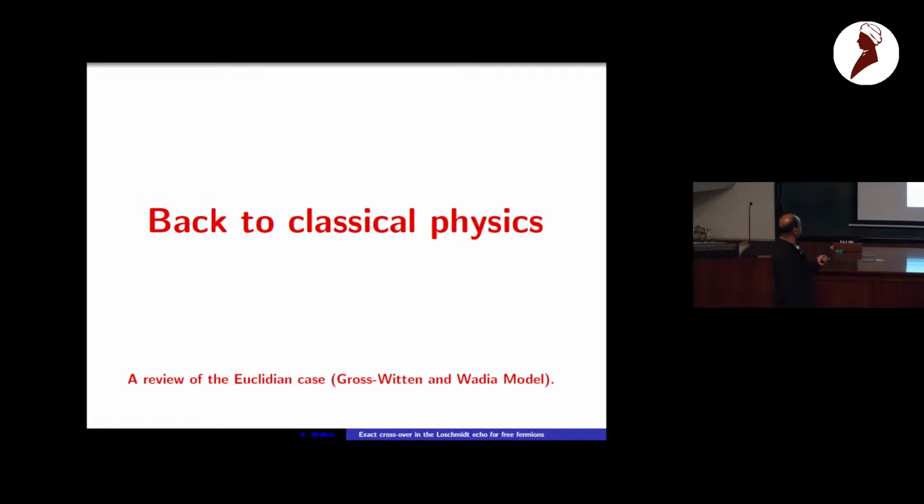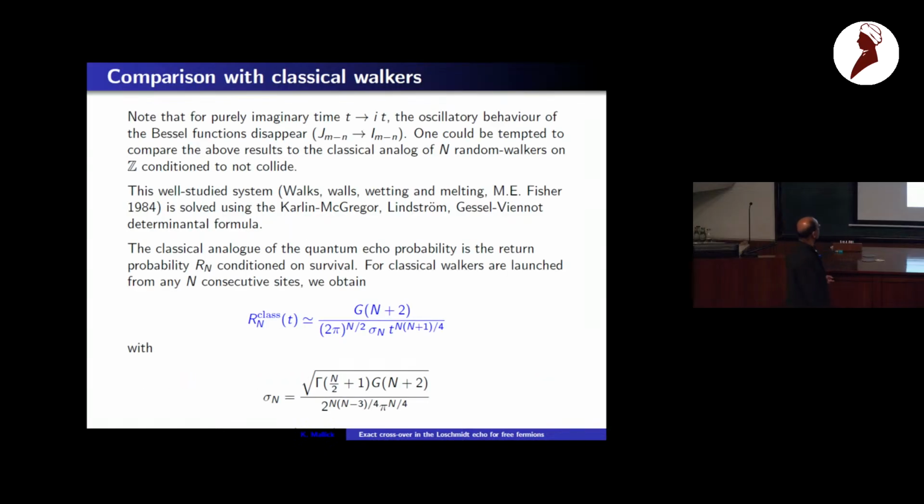And the classical physics, or the so-called Euclidean case, appeared in a completely different context of high-energy lattice QCD physics studied by Gross-Witten and Spandarawadia. So what is the classical physics counterpart of this problem? So forget about quantum mechanics.